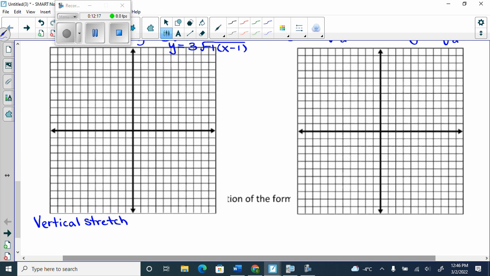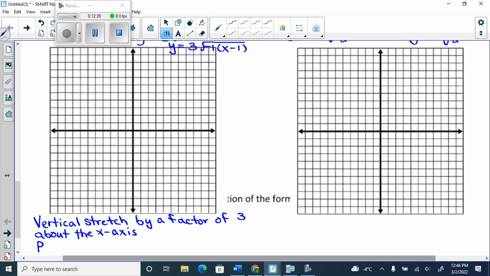So know your stuff. Vertical stretch by a factor of 3 about the x-axis. The negative in under the brackets is with the x, because I could distribute it in, and if I could distribute it in, it's with the x.